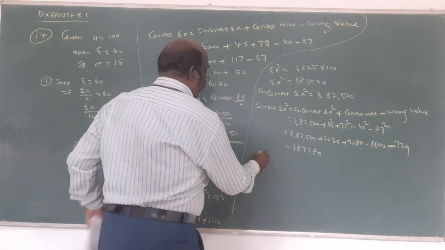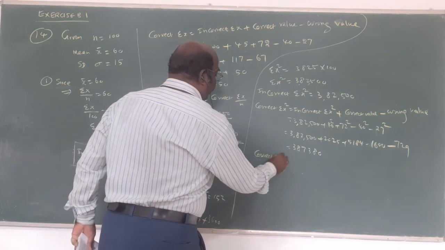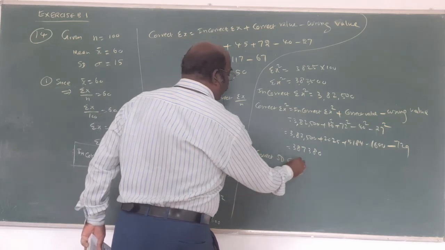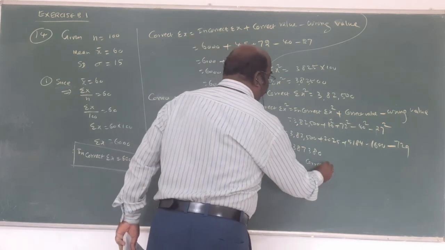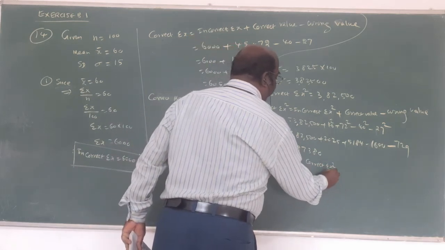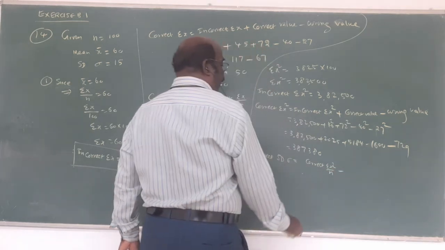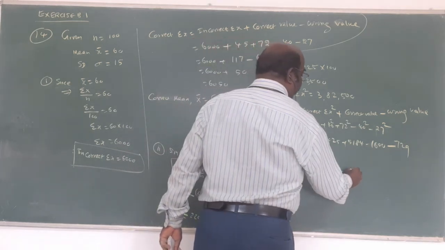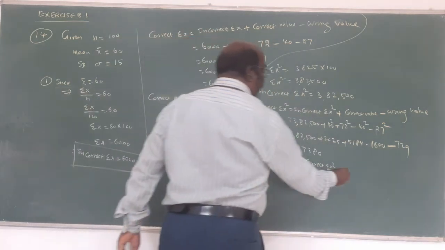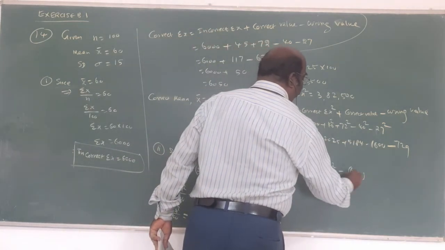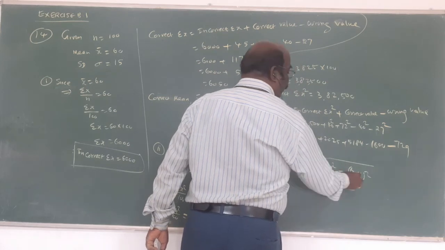Therefore, we get the answer: correct standard deviation sigma equals square root of correct sigma x square by n minus the correct mean whole square. What is the sigma x by n?